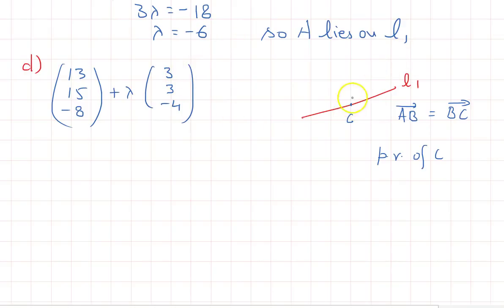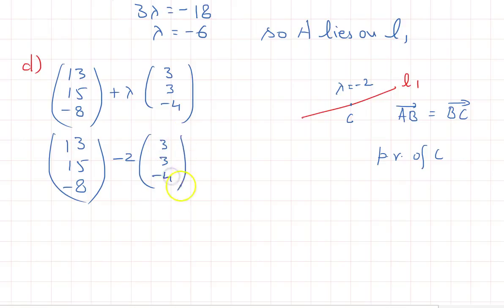We can easily conclude that at C lambda is equal to minus 2. So 13, 15, minus 8, minus 2 times 3, 3, minus 4.